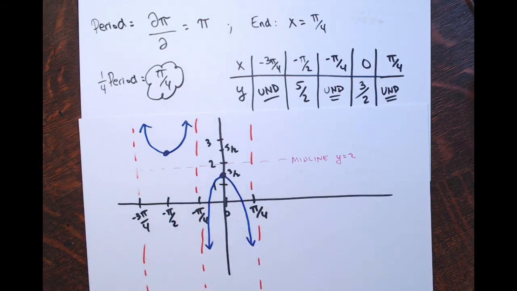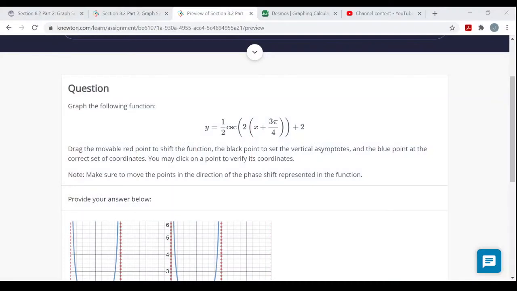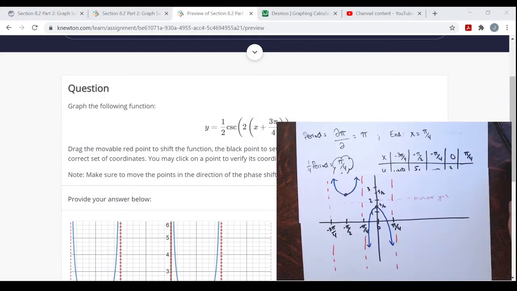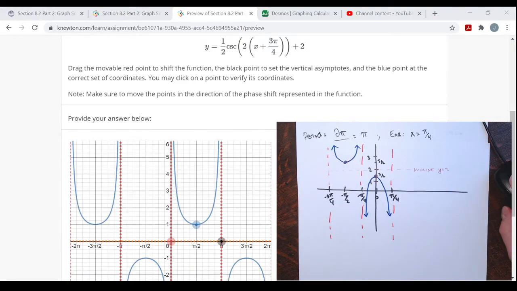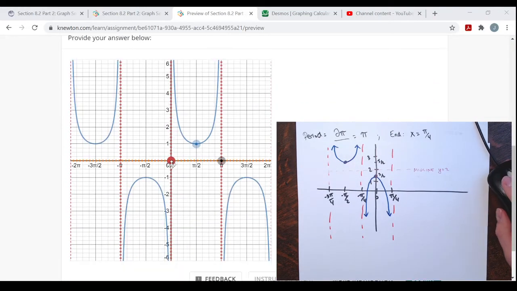All right, so let me go move these points. Back on the website, you're going to be moving the points around. I'll pull my graph up again. See this midpoint, this red point, I'm going to move that first this time. See how this is between a U-shape opening down and a U-shape opening up? I guess I could flip it.